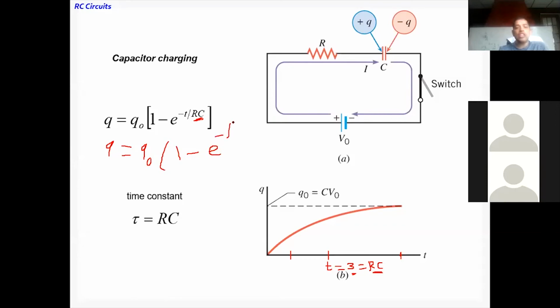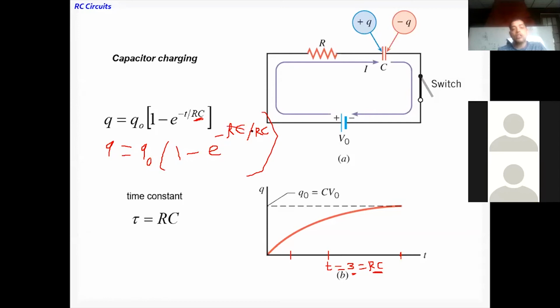Now your T is RC, and you have divided by RC also, right? So what do you get? 1 minus e to the negative 1.